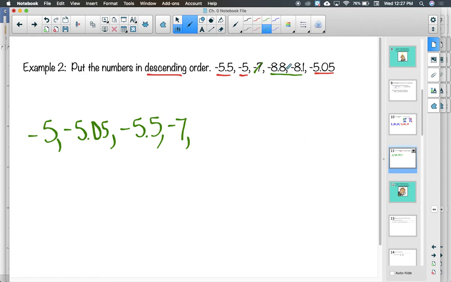And I've got -8 and 8 tenths, -8 and 1 tenth. They both are in the tenths place, so I don't have to add any hidden zeros. What's closer to 0 is the -8 and 1 tenth. That's my biggest number left at this point. And that means of all the numbers up there, the smallest number is -8 and 8 tenths.